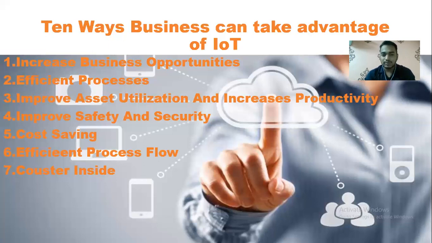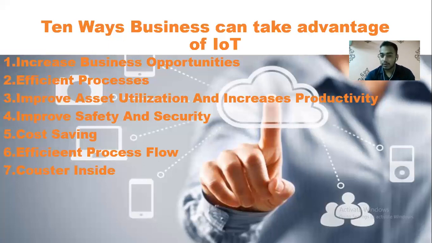I think this is a huge drawback if you're using manual technology in your business. If you invest money in IoT technology, then you are able to increase the number of customers and the request fulfillment for them.